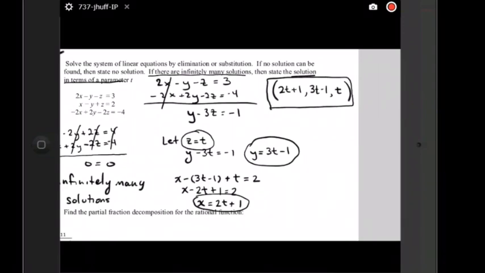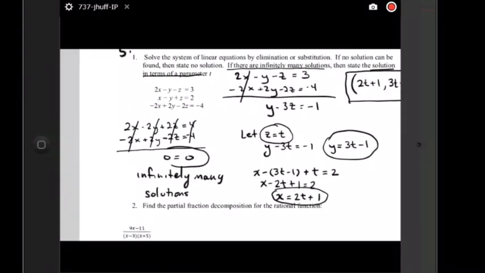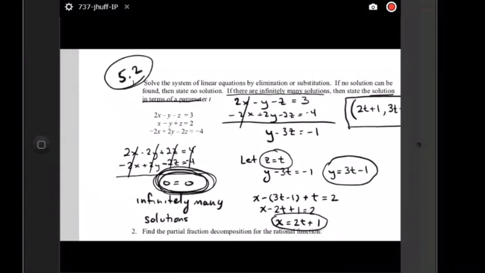So this is just an example of one of the questions from 5.2. You've got to think of what other kinds of questions came from 5.2. If right here, for example, that had said 0 equals 10 or 0 equals anything else, that would be no solution. So when you're going through a practice exam like this, think about not just the question being asked, but what section it came from, section 5.2 for this one, and think about what could be different.